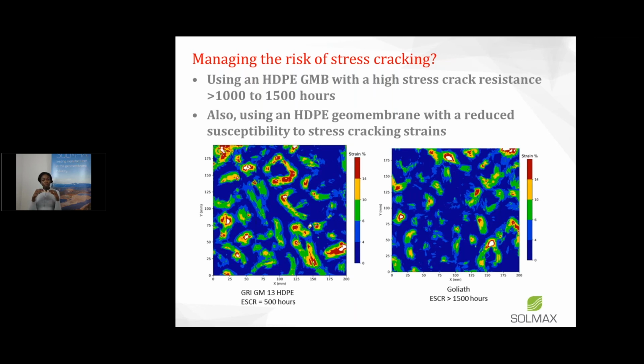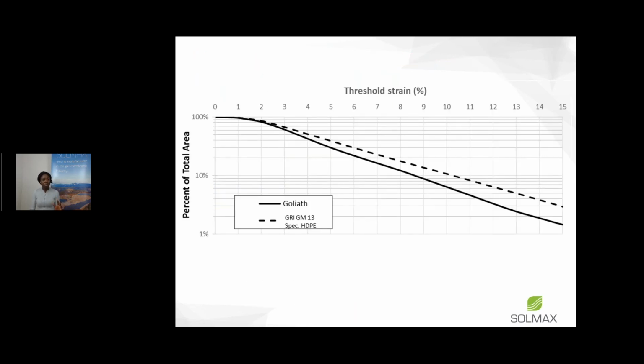So both geomembranes were tested in contact with similar gravel. The applied load was about 800 kPa for about 9 days, simultaneously, under similar conditions, and this is what we found. The Goliath had a lower susceptibility to stress cracking strains than the GRIGM13 material. That's the whole essence of that picture there.